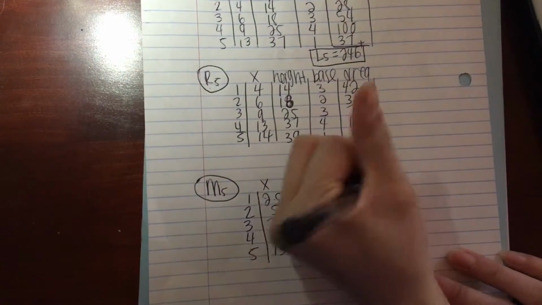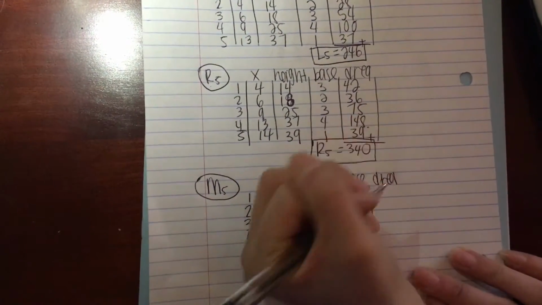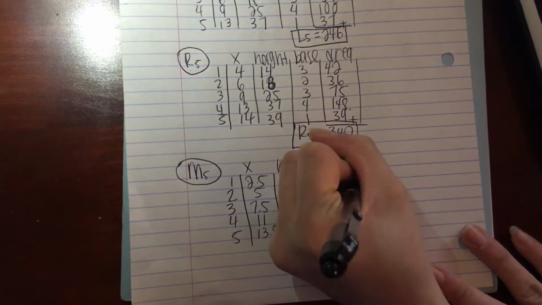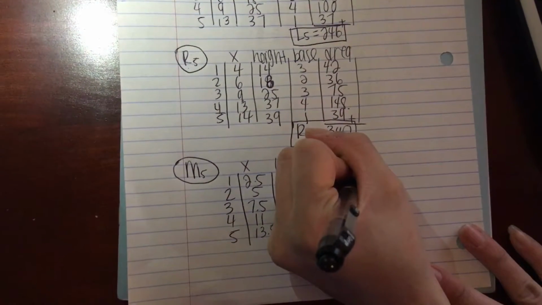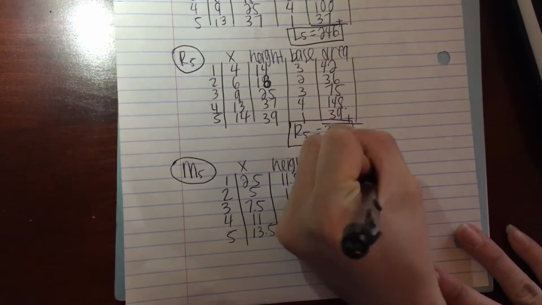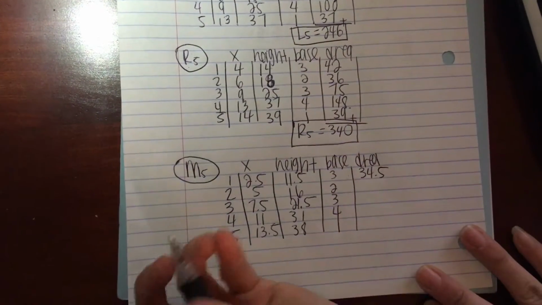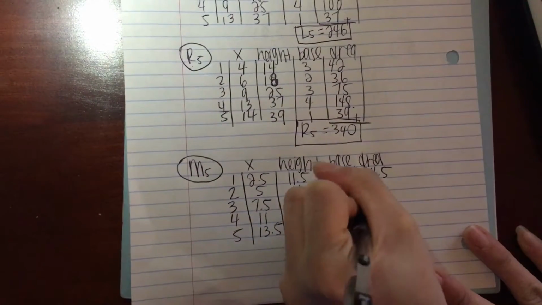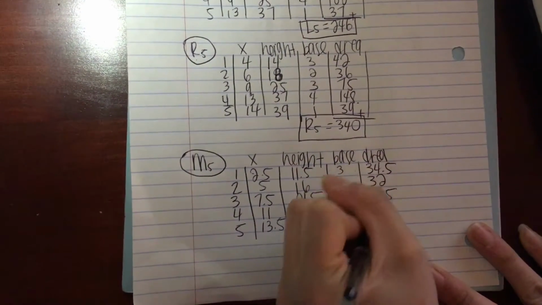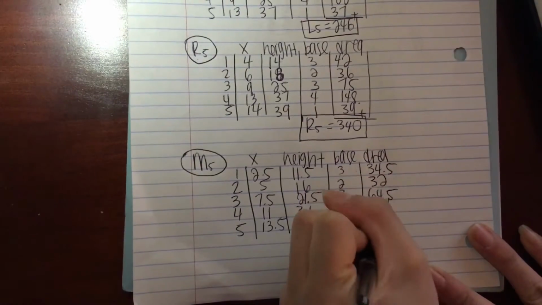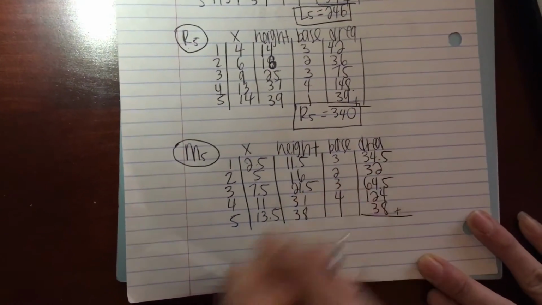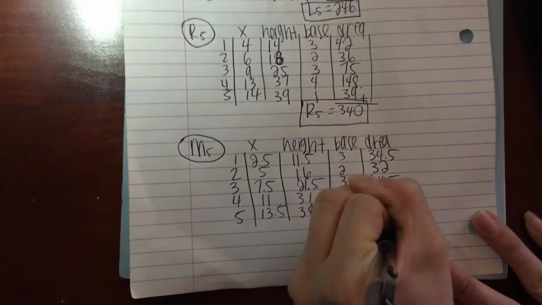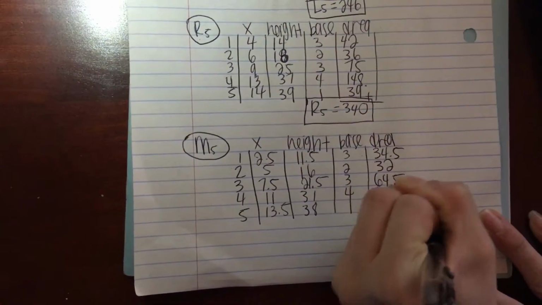Multiply those together to get the area. So it'd be 11.5 times 3, which is 34.5. 16 times 2 is 32, and then 21.5 times 3 is 64.5. And then 124, 38, add them together to get the midpoint of 5 rectangles, and that is 293.